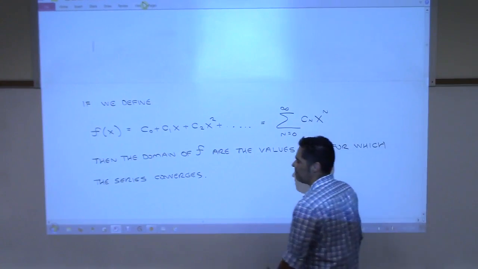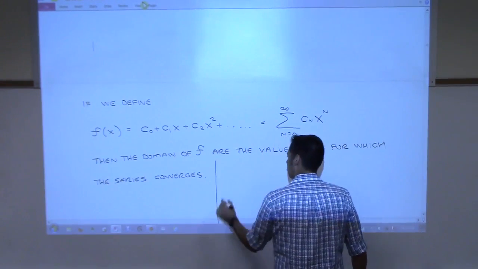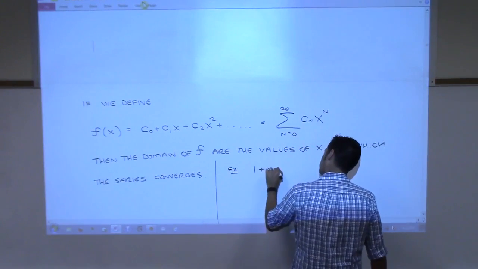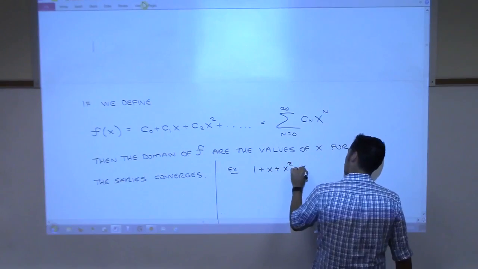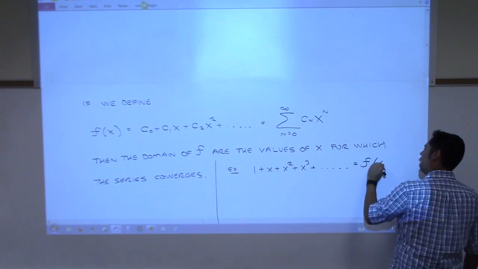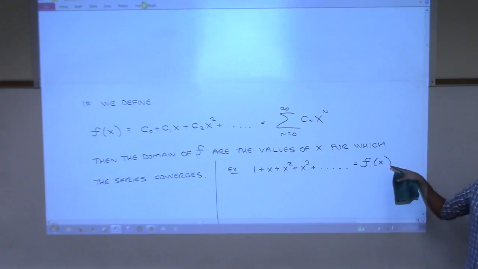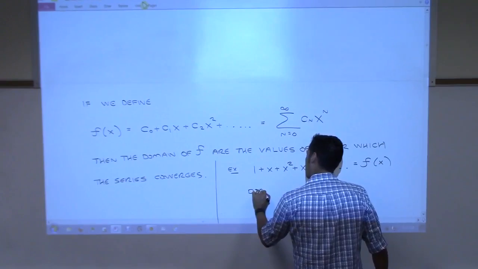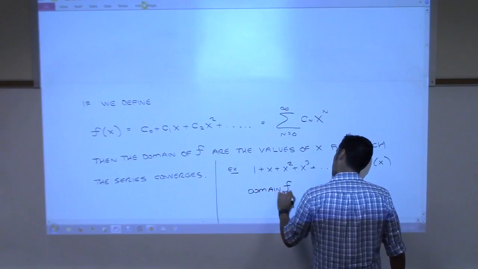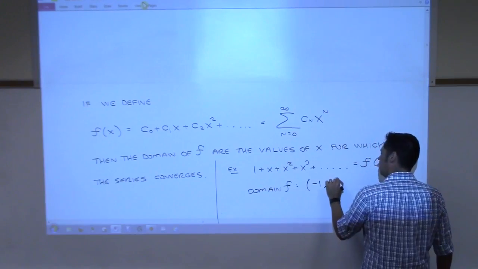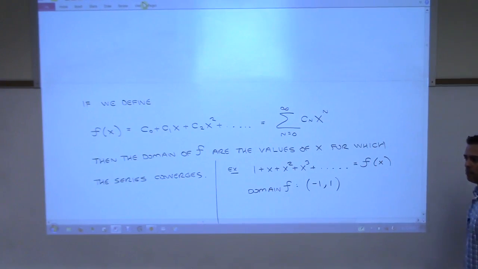So going back to the example, if I define this to be f of x, the domain of this is negative 1 to 1, right? Negative 1 to 1.